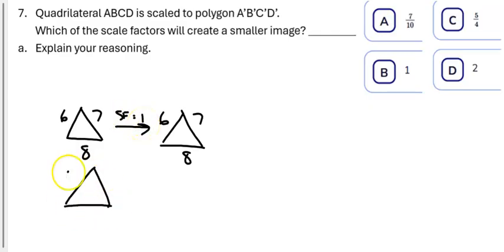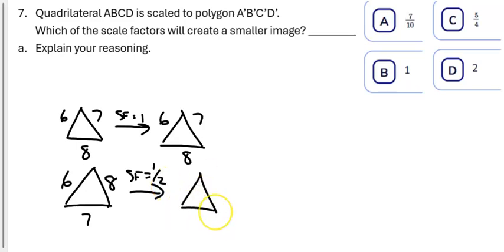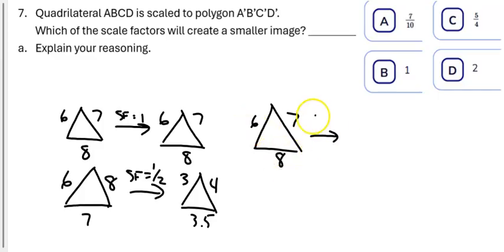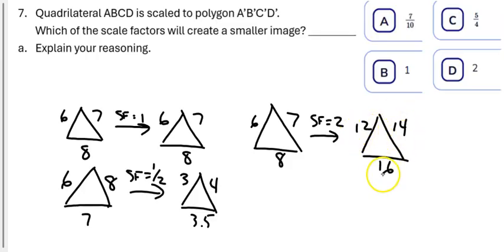If I have a 6, 7, 8, and I want the lengths to be smaller, then let's say I would multiply each of them by half, so it'd be 3, 3.5, and 4. If I want them to be larger, then I'm going to be multiplying by a scale factor that is more than 1, let's say 2, which makes the shape 12, 14, and 16.